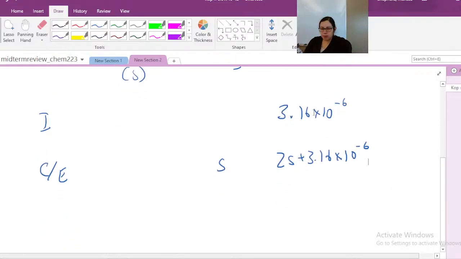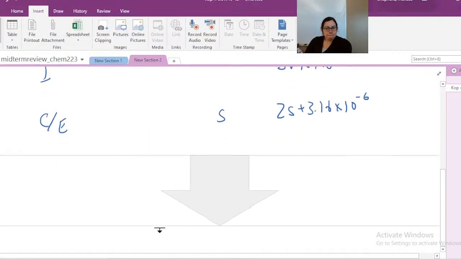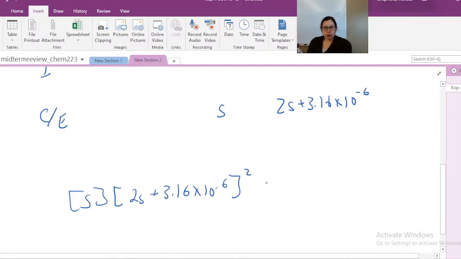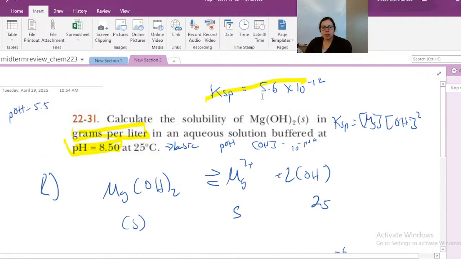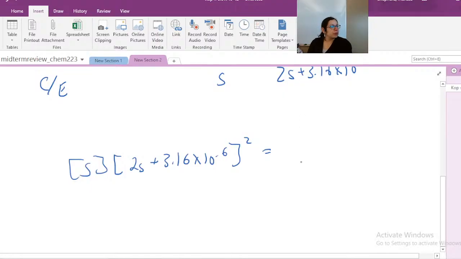Now we can plug this into our Ksp expression. So we have S for magnesium times 2S plus 3.16 times 10 to the negative 6, squared, equals our Ksp, so 5.6 times 10 to the negative 12.